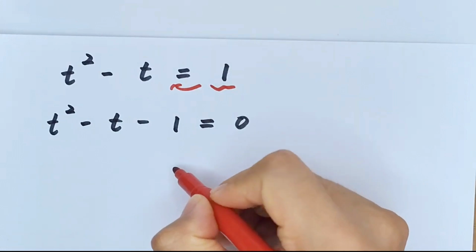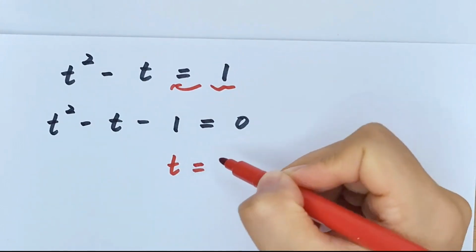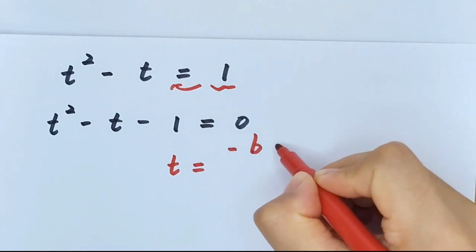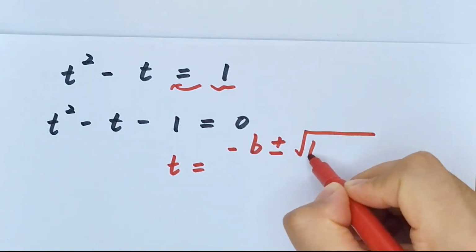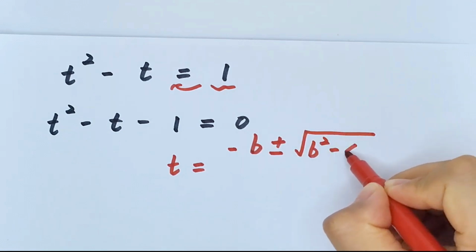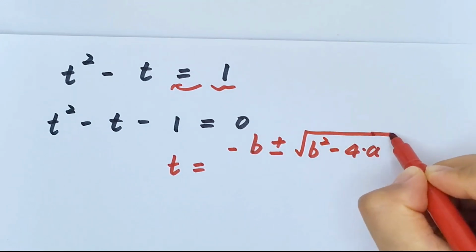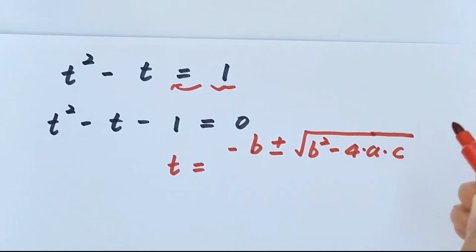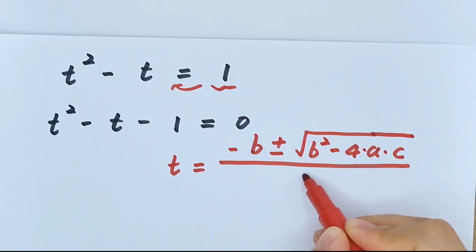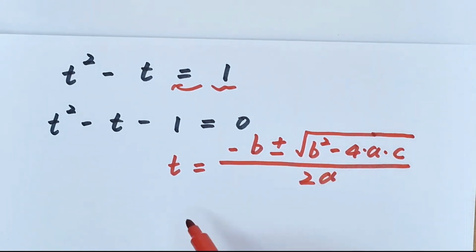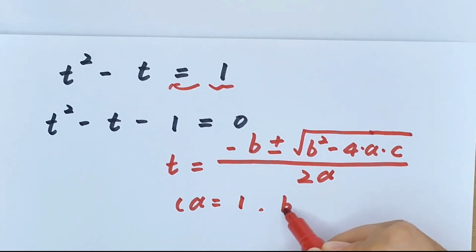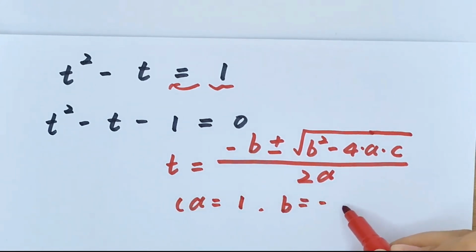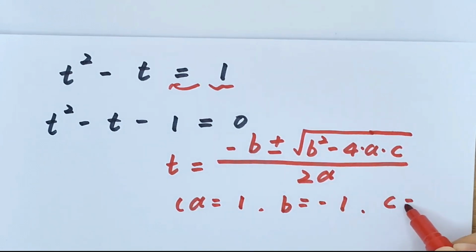And we know t equals negative b plus or minus square root of b squared minus 4ac, divided by 2a. Now in here, a is 1, b is negative 1, and c is negative 1.